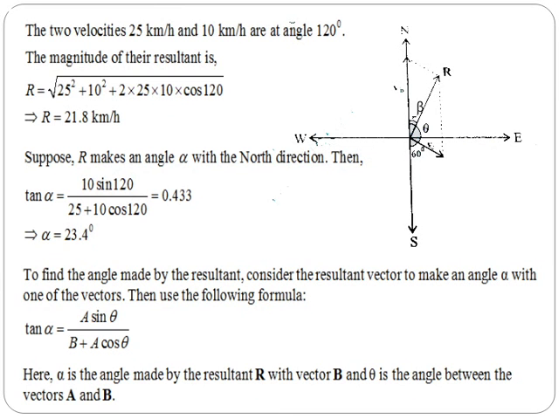By substituting the values of a, b and theta, alpha is equal to tan inverse of 10 sin 120 divided by 25 plus 10 cos 120, which is equal to 23.4 degree. Here we have found the direction of the resultant vector with respect to the direction of the velocity of the motorboat.